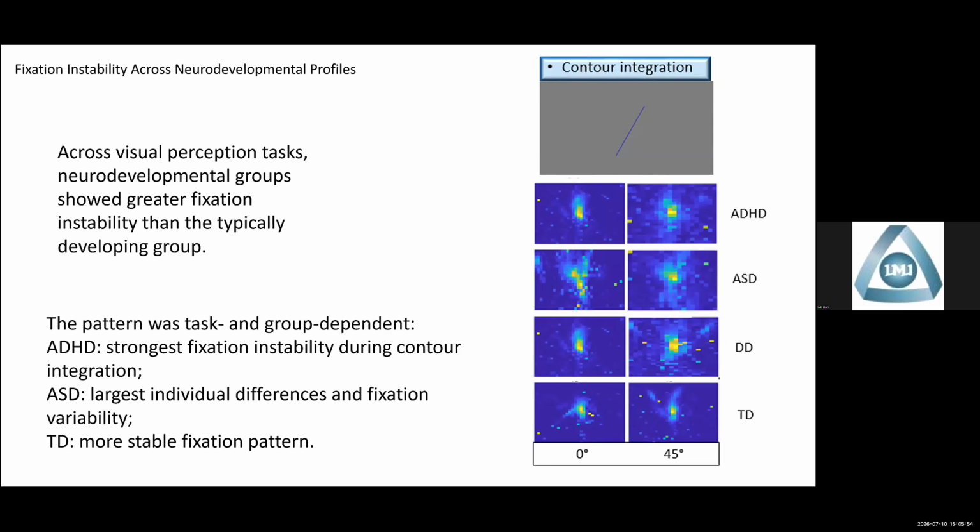Also, the fixation instability was the highest in attention deficit hyperactivity disorder, but the variability was the highest in the group of the autism spectrum disorder. You can see how different position allocations are without any noise, just a straight line or a curved line.